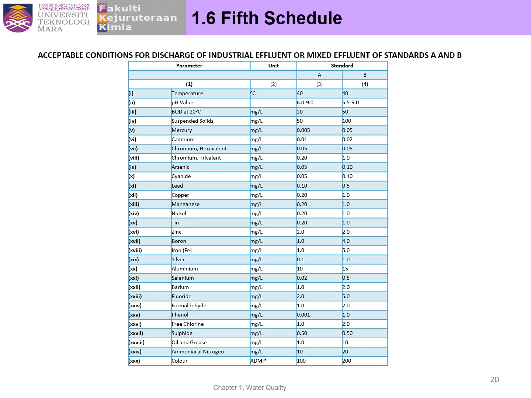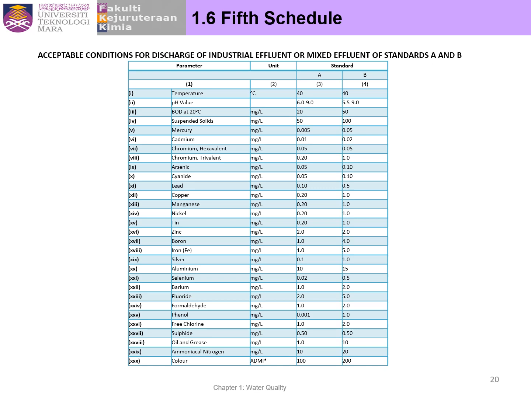For oil and grease, standard A is 1 milligram per liter, but for standard B the limit is 10 milligram per liter, which is higher than standard A. So when to use standard A and when to use standard B will be decided based on the condition.